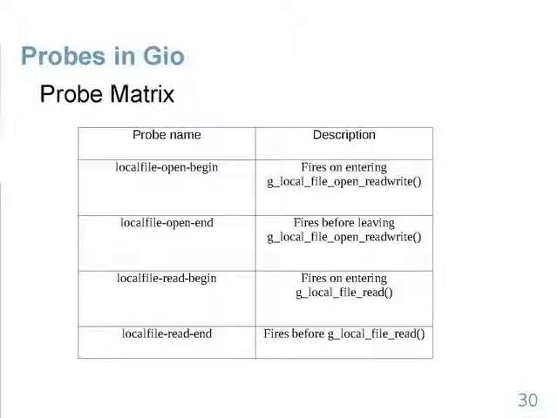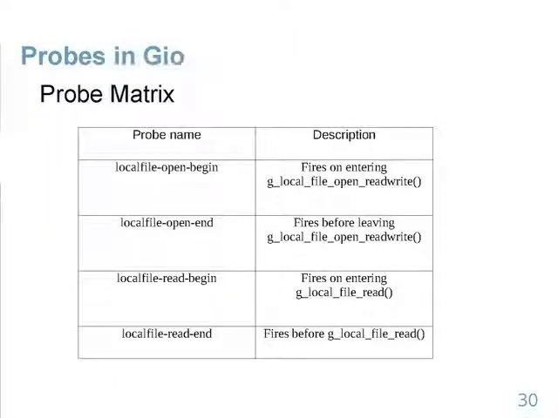I think this matrix is fairly explanatory. Here there's some small information missing. In this probe, I've also exposed the file name, which is present in an object called GFile. GFile has a member at an offset which gives the file name. In the PID provider, we cannot very straightforwardly get the file name, since you will have to copy in the GFile structure and then get into the offset.